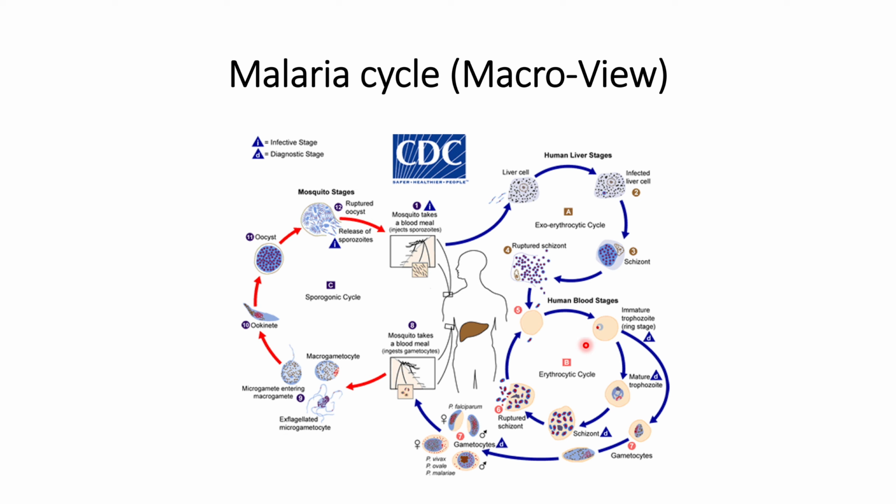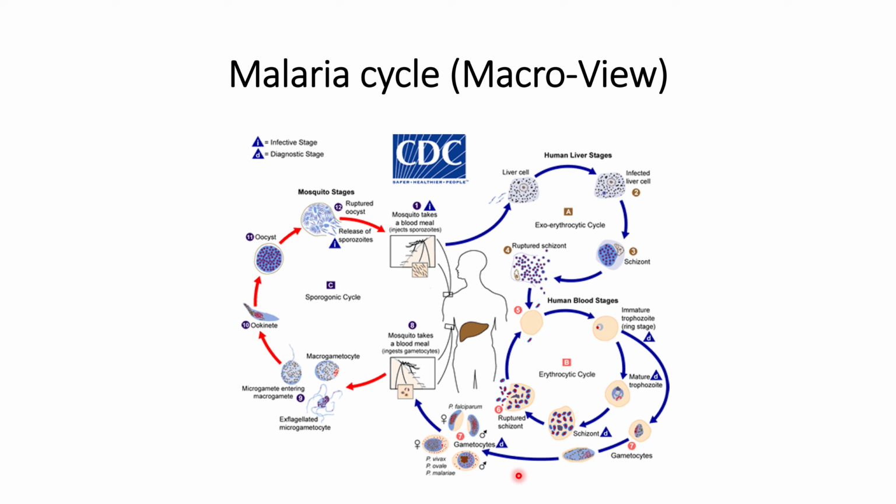Another different pathway that some of the schizonts might undergo is known as the differentiation pathway, in which these schizonts will differentiate themselves into gametocytes, and these gametocytes can be of two forms.